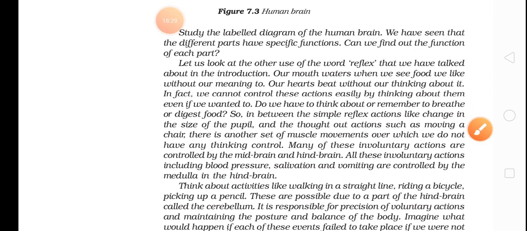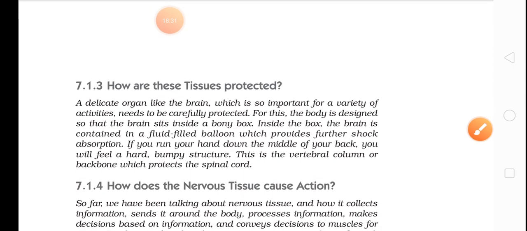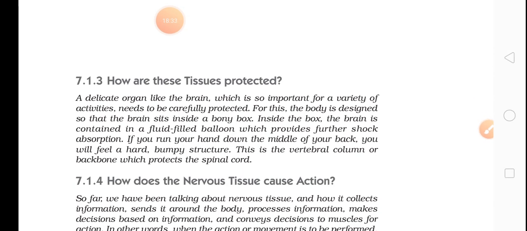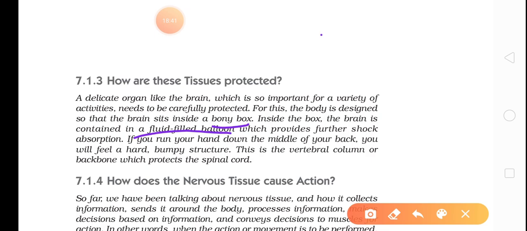So with the paragraph which is given here, we have the bony box and we have the fluid filled balloon, which is CSF. Understood? This is the vertebral column or backbone which protects the spinal cord.